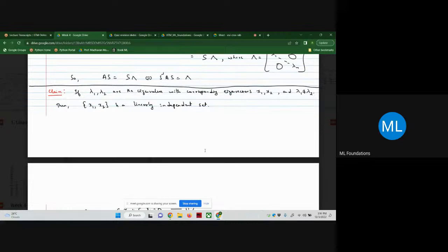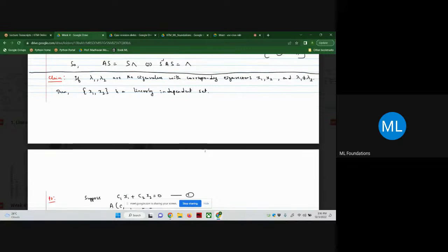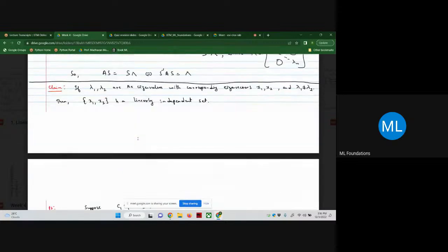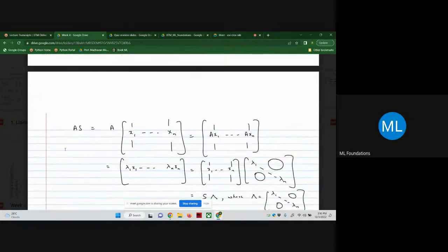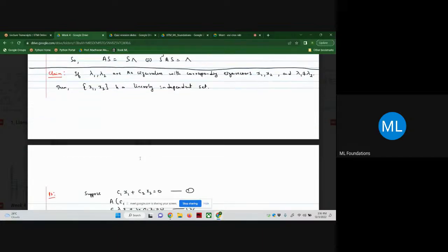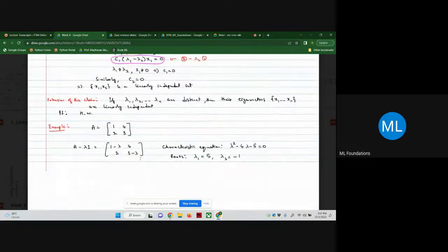Or I told you that rank of A plus the dimension of the null space of A is equal to n. Using that, you'll get a few problems. Nothing as deep as this. They will not ask you something like A is equal to S lambda S inverse.